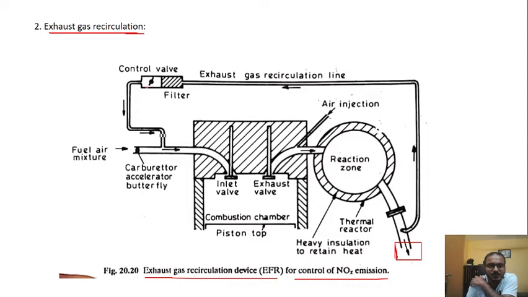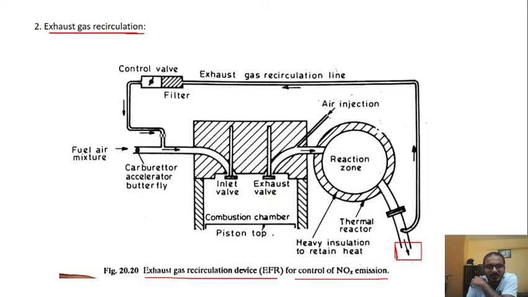So through this control valve the exhaust gas enters here, and the fuel-air mixture also enters here. So we are combining the fuel-air mixture with this exhaust gas, and then it directly enters through this inlet valve.